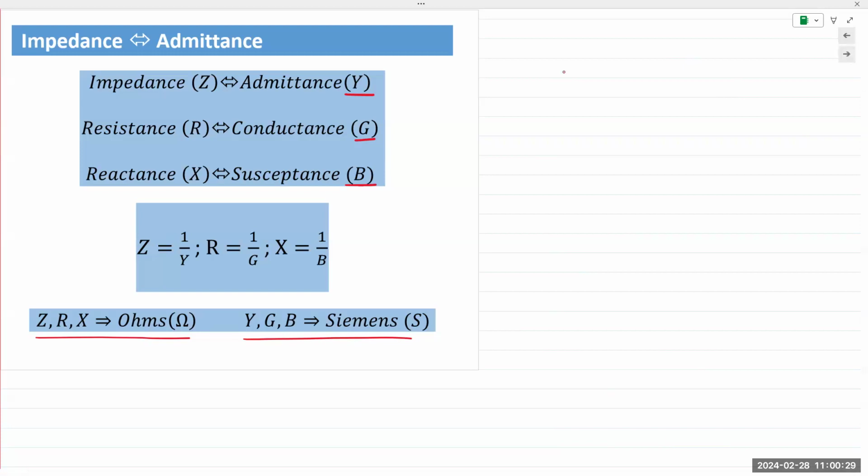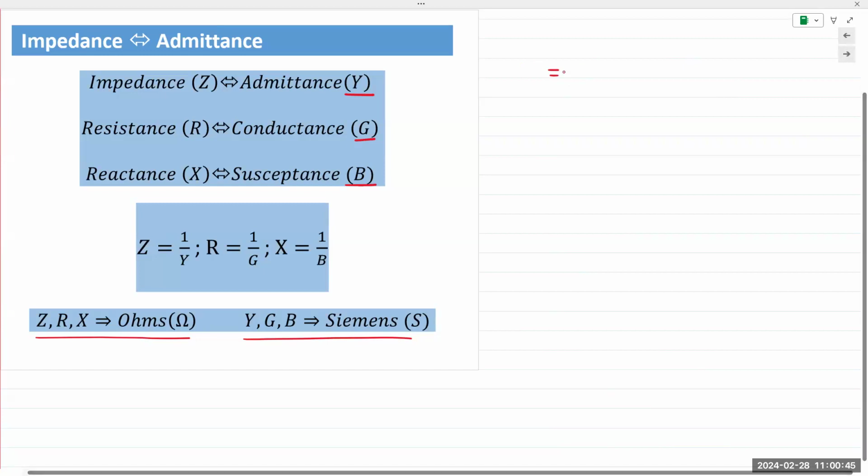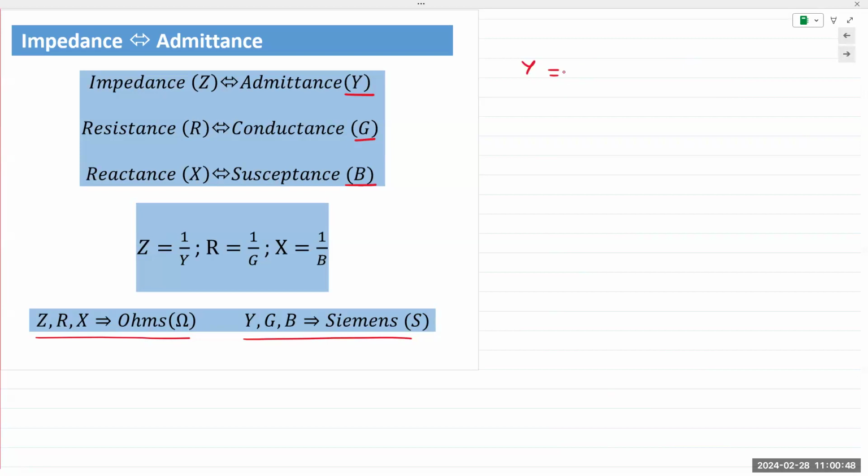So if you have the reciprocals, then you can simply write admittance as the sum of, let's say it was ZL, ZC, and R in parallel, it would simply become Y is equal to GR plus BL perhaps plus GC. Okay, you simply sum it up.